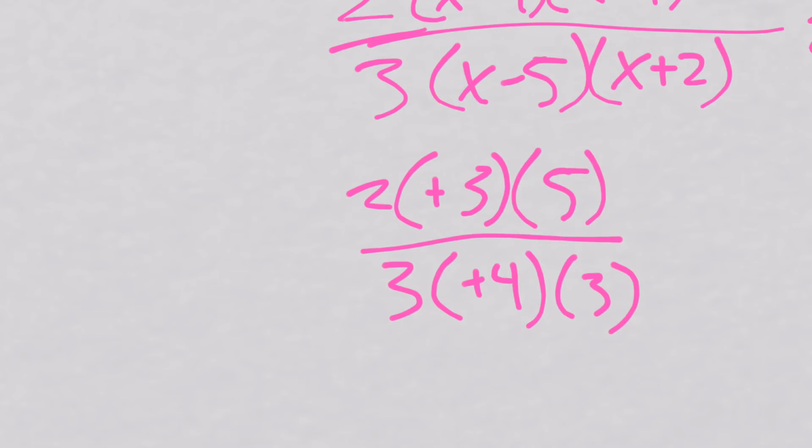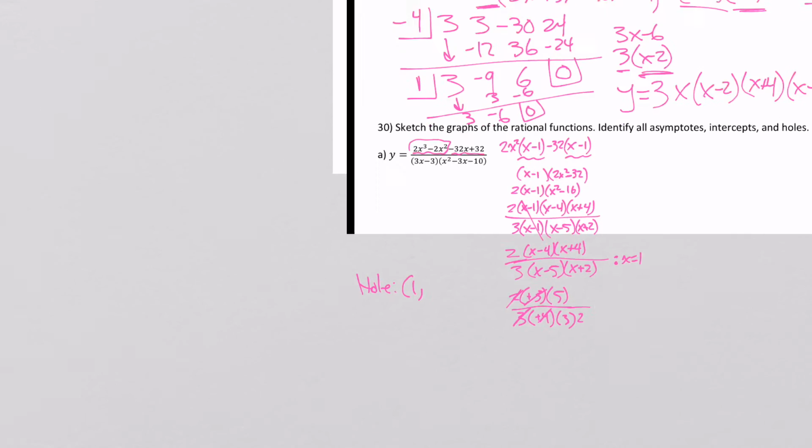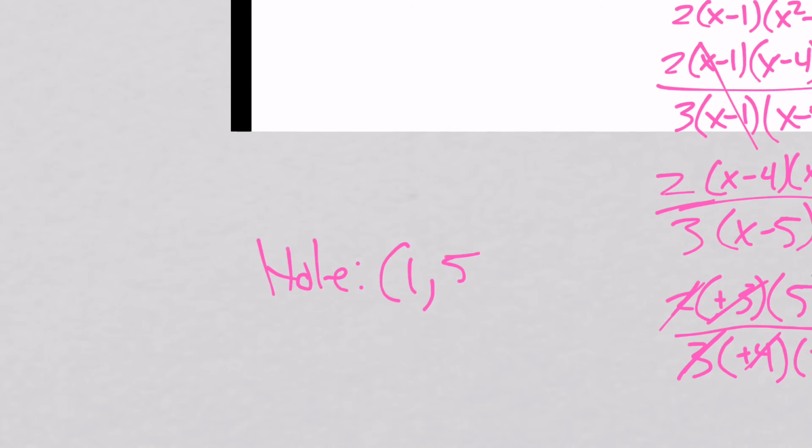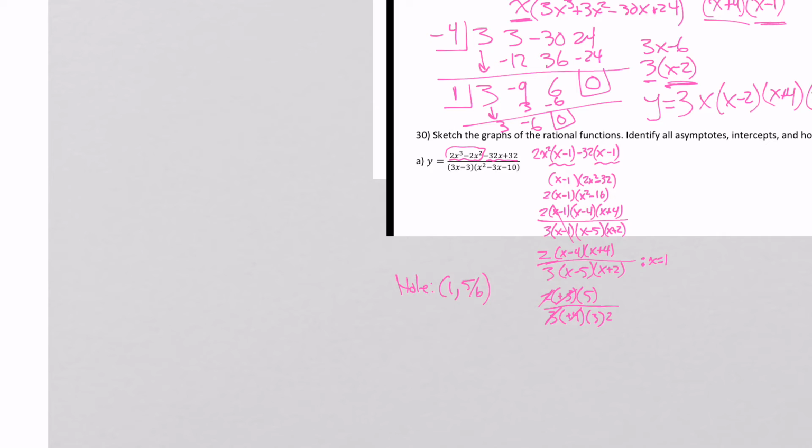Then I have a 3 on top and a 3 in the bottom, so I cancel that out. Then I have a 2 on top and a 4 on the bottom, which is the same as leaving 1 power of 2 in the bottom. So I have 5 over 3 times 2, which tells me my hole is at 1, 5 sixths. As long as you find your hole first, it doesn't matter what you find next.